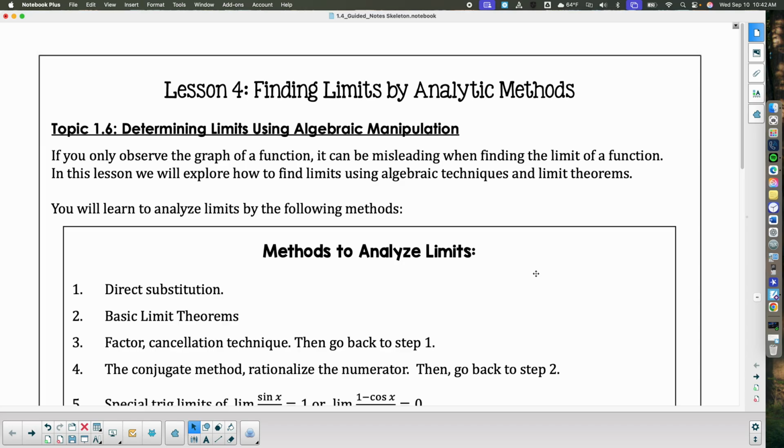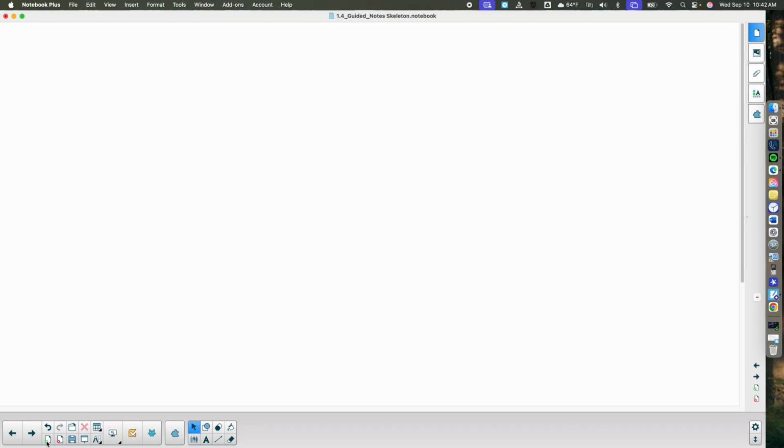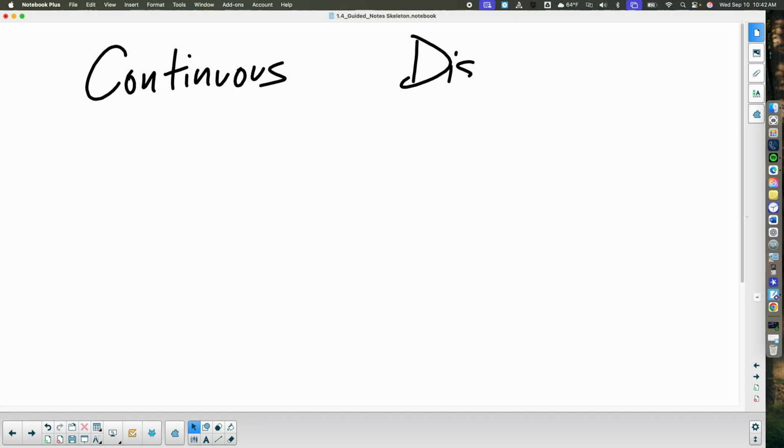Now, it probably says in here somewhere, our goal when we're finding limits is to try to only work with continuous functions if we can.